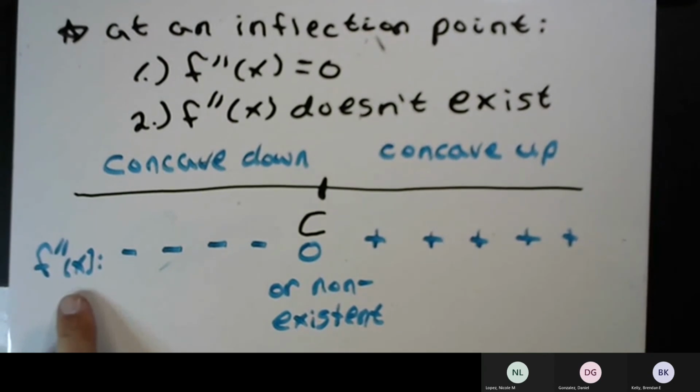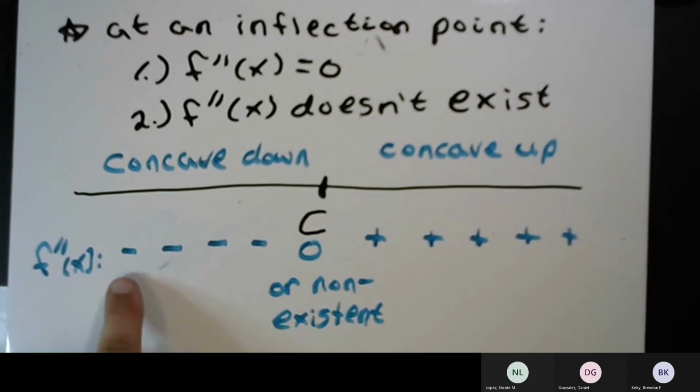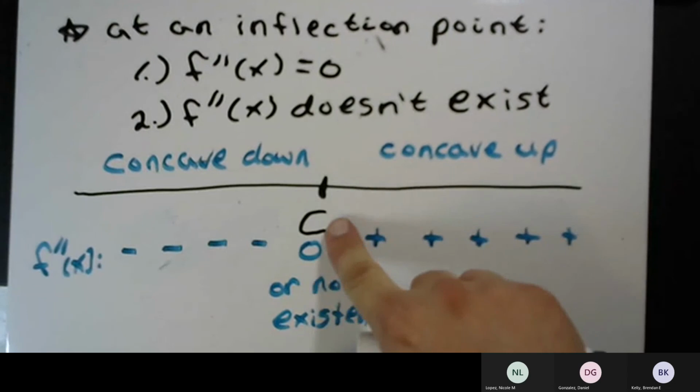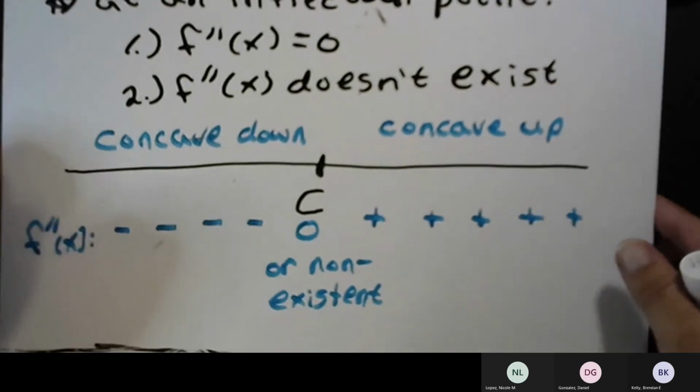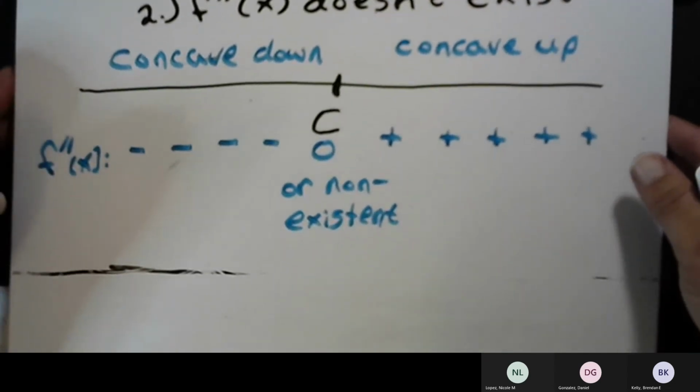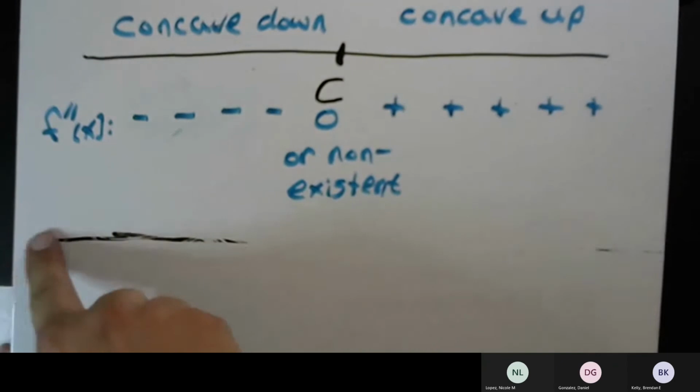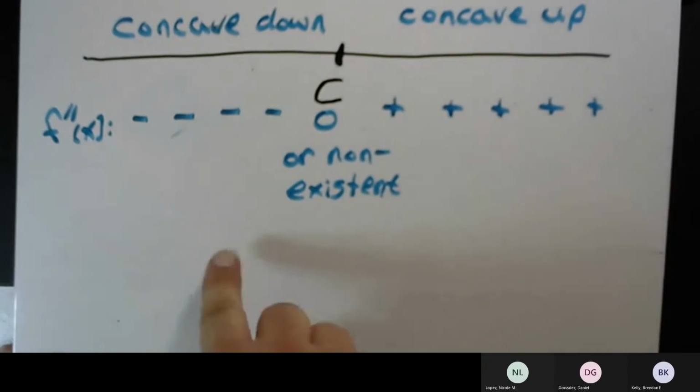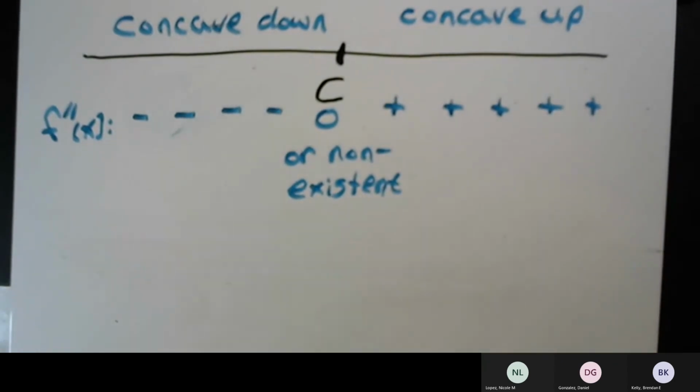When we look at f double prime, where it's negative it's concave down, where it's positive it's concave up, and then at C, where it's transitioning, that's when we're going to get our inflection point.